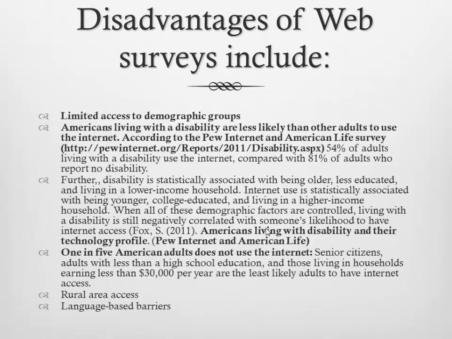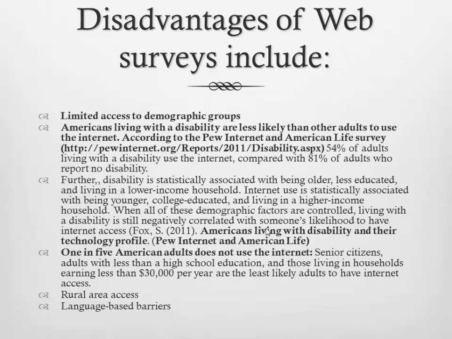According to the Pew Internet and American Life survey, and I provided the website for that site, where you can access research about internet research in America. It's a very interesting website, and I recommend it. But if you go there, you'll find that Americans living with a disability are less likely than other adults to use the internet. Statistically, about 54% of adults living with a disability use the internet, compared with about 81% of adults who do not have or do not report a disability.